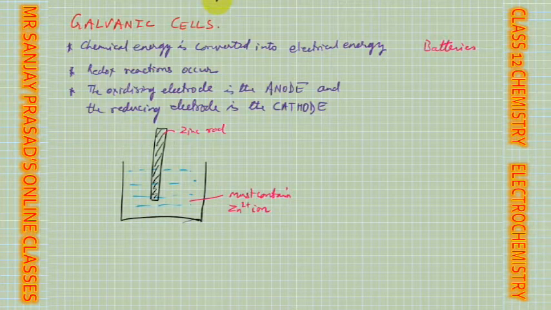These two are in contact with each other. If I take this point, you see this point, this is the point of contact, isn't it? Above this or below this, it is not there, only this part. So this point of contact, wherever the metal and the ion are in contact with each other, this is your interface, or you can say junction.